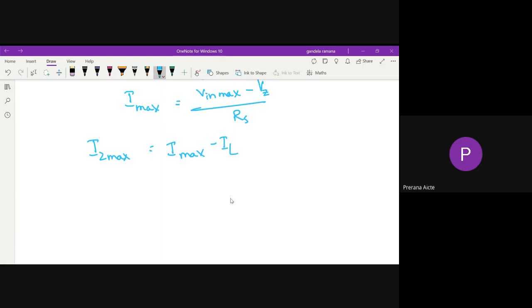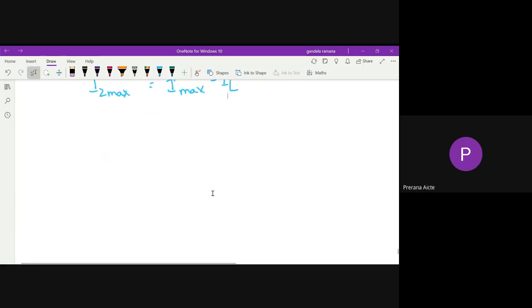So now, in case of breakdowns, two types of breakdowns are there: Zener breakdown and avalanche breakdown. What is the difference between Zener breakdown and avalanche breakdown?